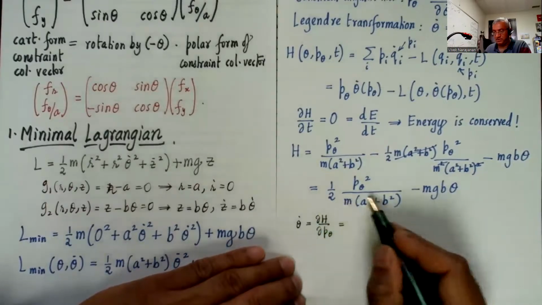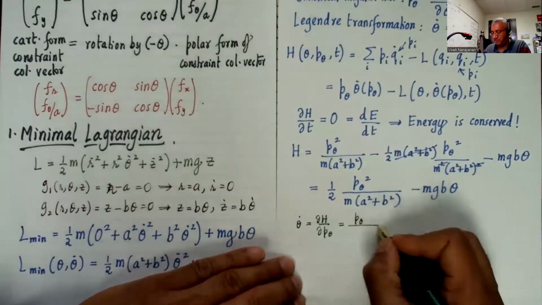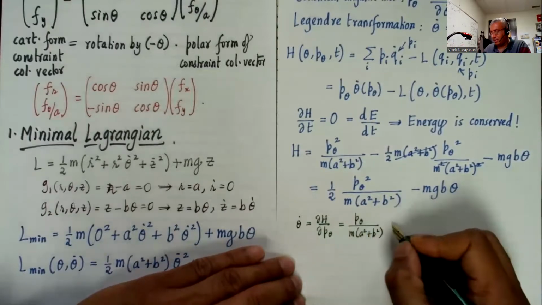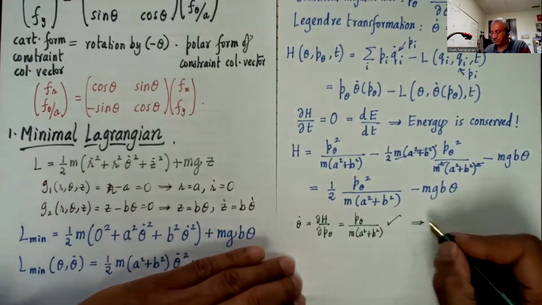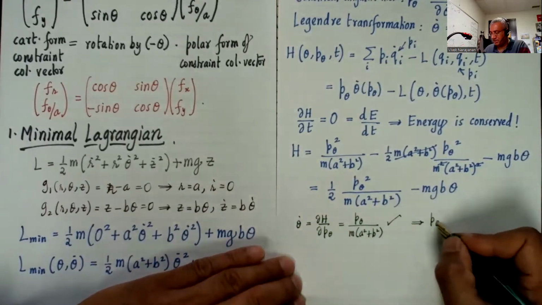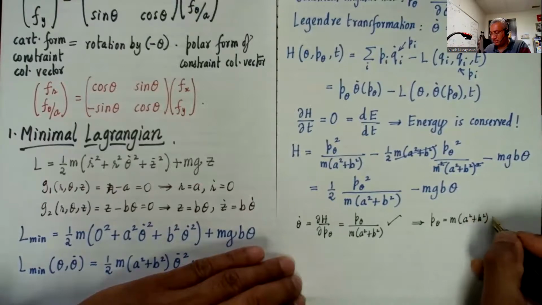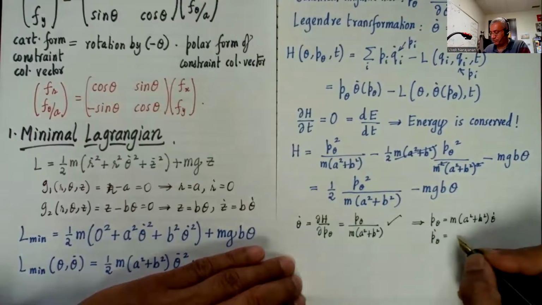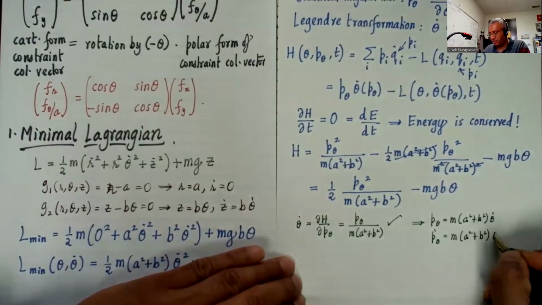Well, if I take the derivative with respect to p theta, I'm just going to get p theta divided by m (a squared plus b squared). So that gives you our Legendre transformation back. That's great. Let's actually solve this. This tells me that p theta equals m times (a squared plus b squared) theta dot. And let's take a derivative for future reference. This gives me m (a squared plus b squared) theta double dot.